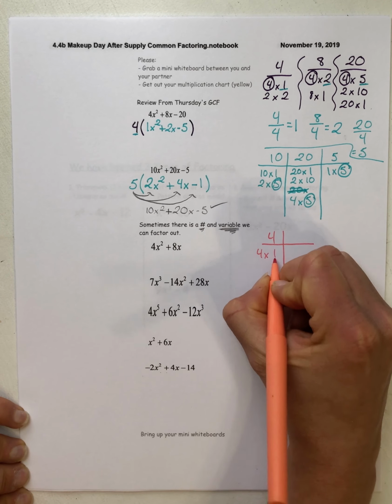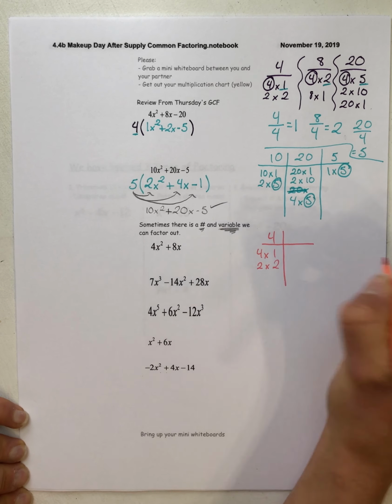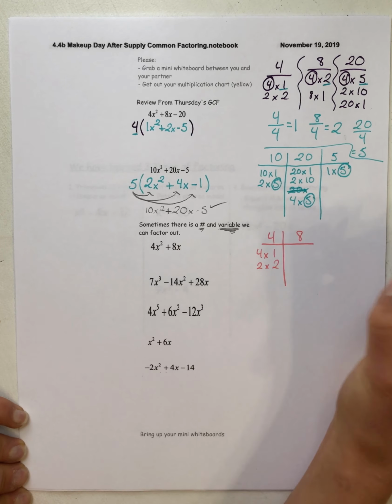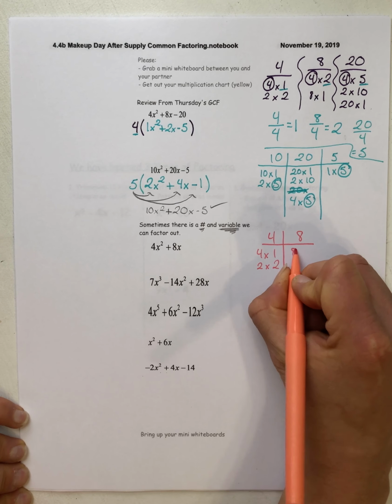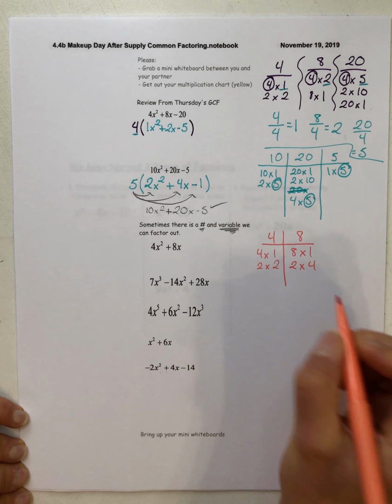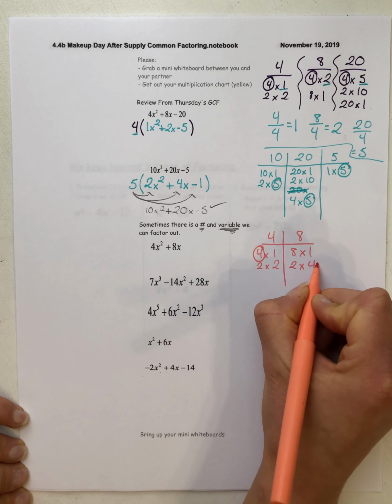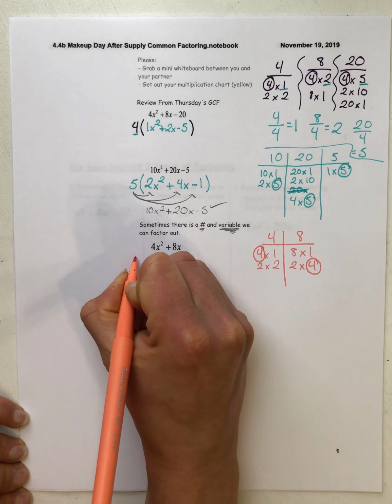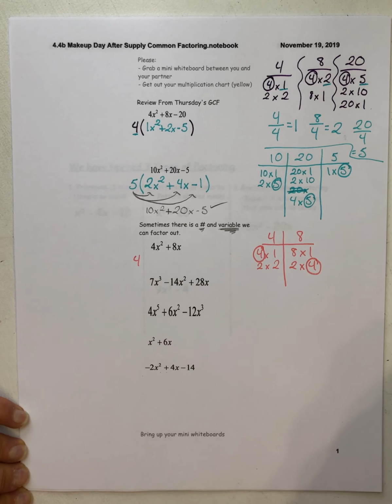So 4 times 1 and 2 times 2. And then we'll take a look at 8. So we can do 8 times 1 and 2 times 4. Okay, we see that it's 4 and 4, so we can bring a 4 out front.